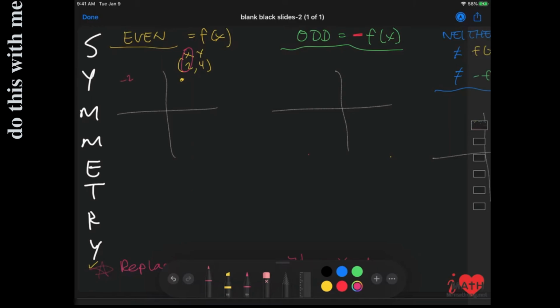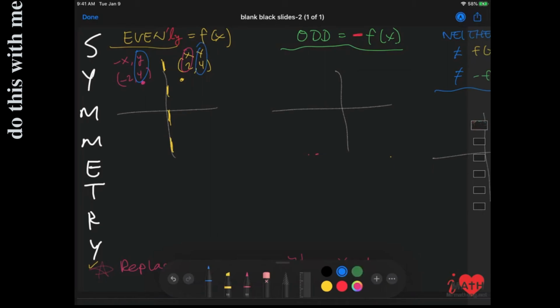And then your y value actually remains the same. So this is essentially the opposite of x, and my y value remains the same. Well, if you graph this, what do you notice? The symmetry is on the y-axis, and that's why I call it even. Okay, so the big idea here is that if you take the opposite of x and your y values are the same in blue there, then it is even symmetry.